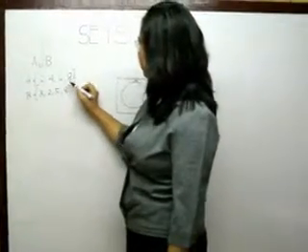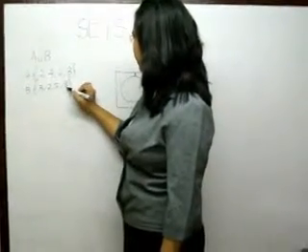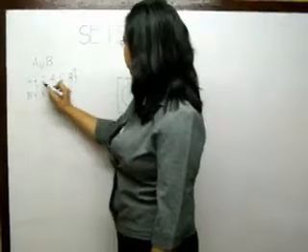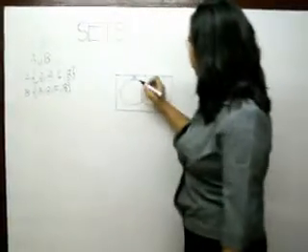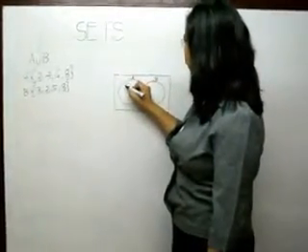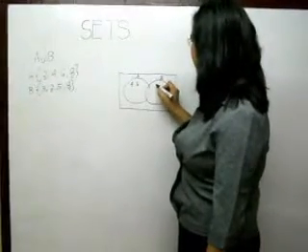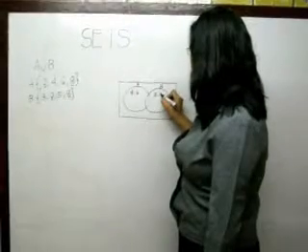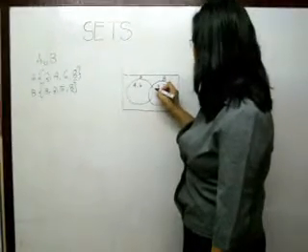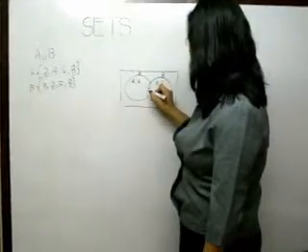Wherein, as we can see, the common elements are 8 and 2. So we can write here now for set A, 4, 6. For the set B, 3 and 5. For the common element, 2 and 8.